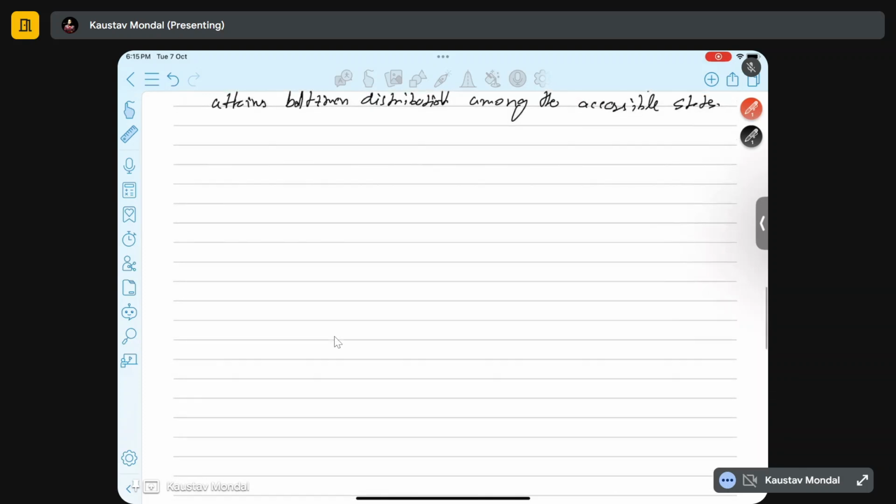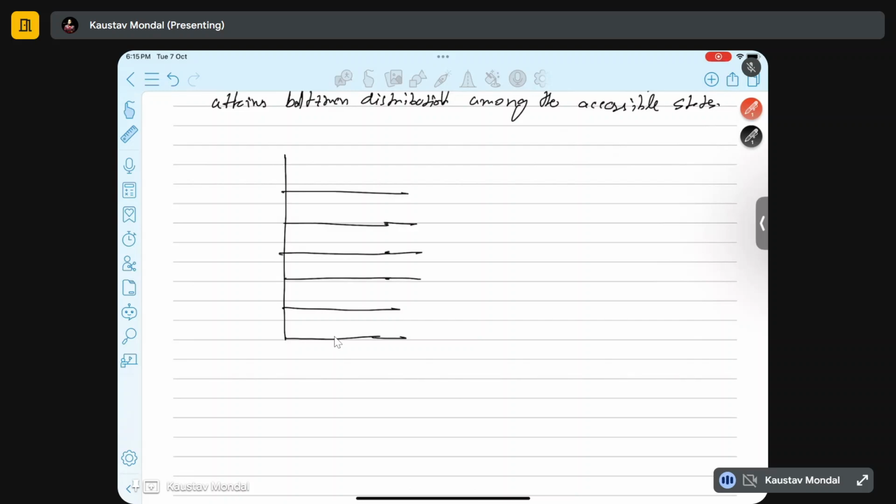So let's suppose this is the energy states of the reactants: 1, 2, 3, 4, 5, 6. At a particular temperature in equilibrium, these are basically the energy levels, and the distribution of the particles will look like this.